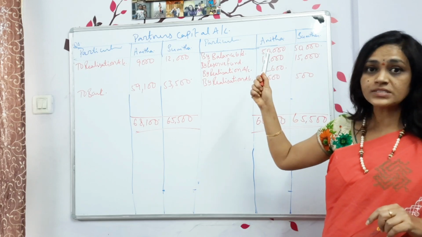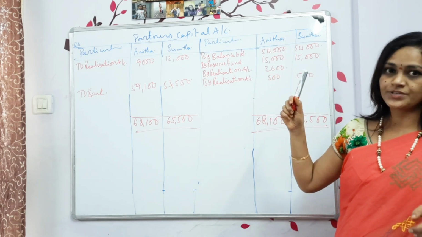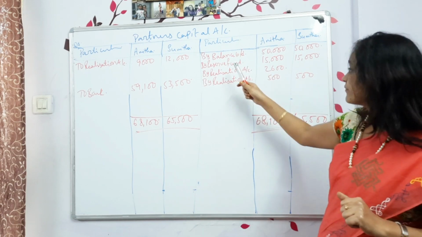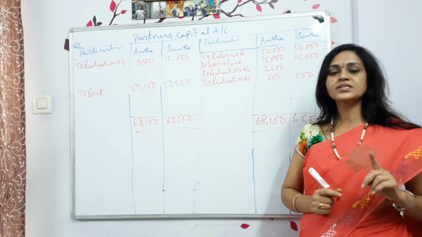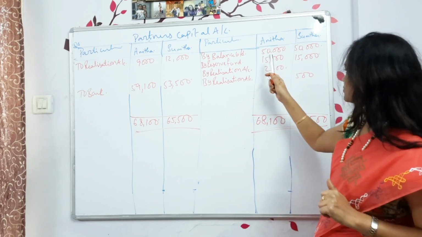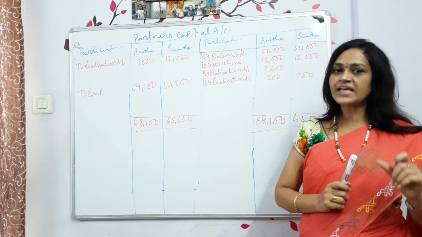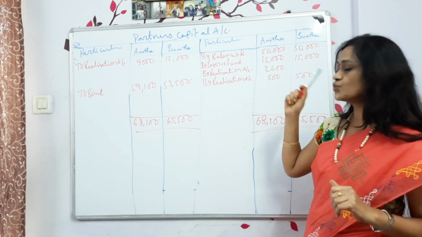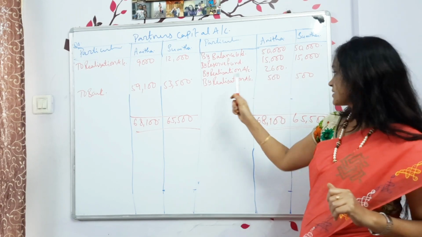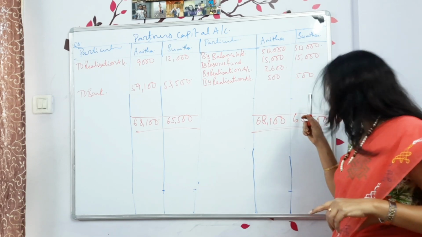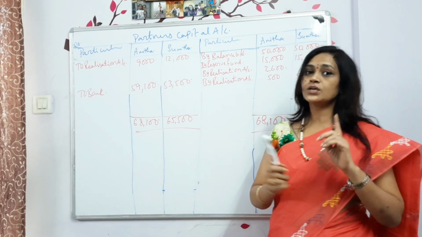First, the balance you have to take from the balance sheet. The capitals you can see there. After that, reserve fund, 30,000 was there, and it is shared equally, so 30,000 into 1 by 2 each. We have paid some salary to Anita, so that is 2,600. Next, realization profit was there, again shared between them. Next, they have taken over some assets.